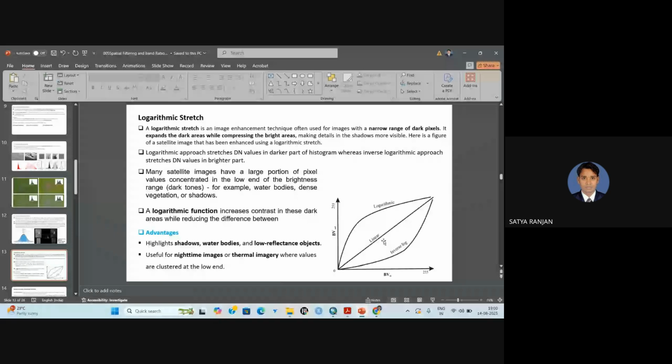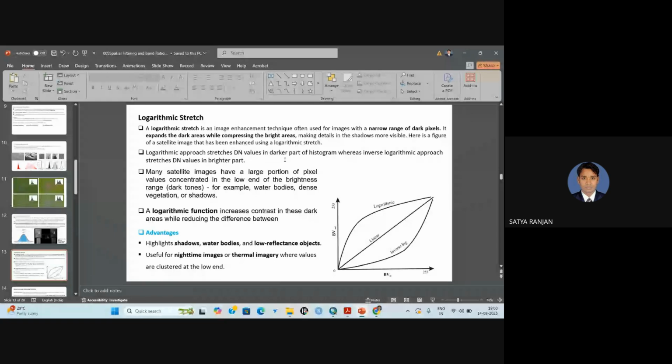Then Gaussian contrast stretch, the second method of nonlinear contrast stretch. It is performed in a similar manner as you operate the histogram equalization, and it generally enhances the middle intensity range while suppressing the extremes.